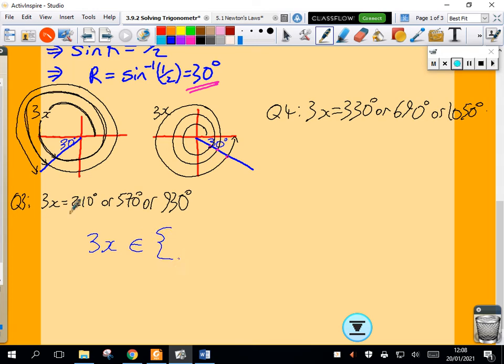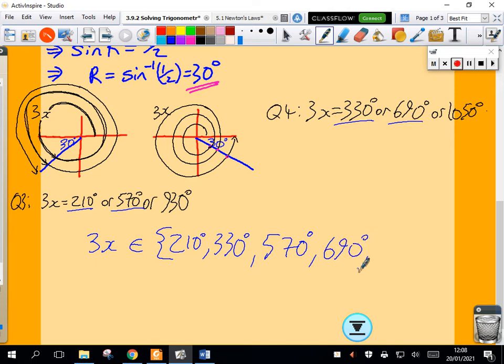But 3x could be 210, or 330, or 570, or 690, or 930, or 1050.